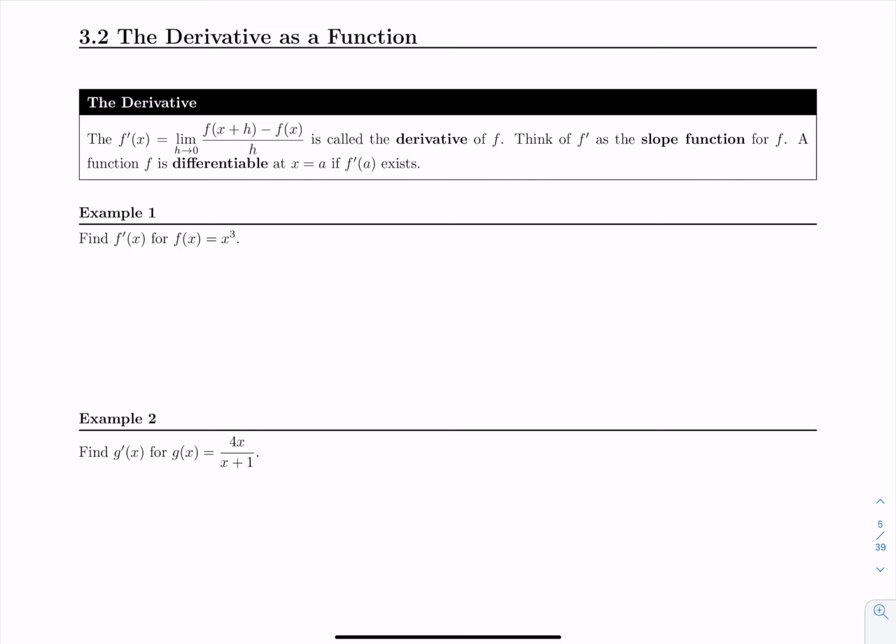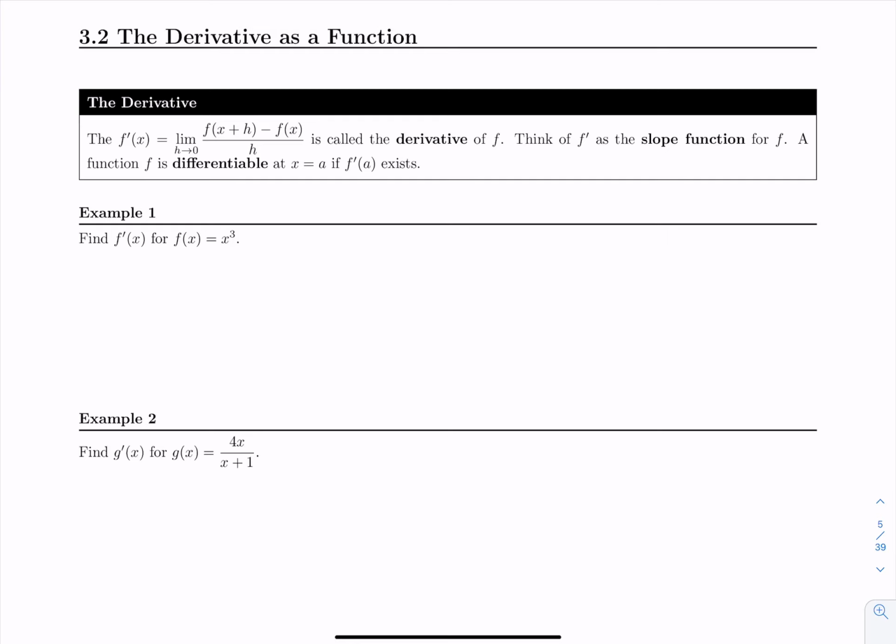Hey there. We saw in the previous section how to find the slope or the derivative of a function at a particular value. In the very last example in 3.1, I changed it up a little bit and we replaced that particular value of x with x itself.